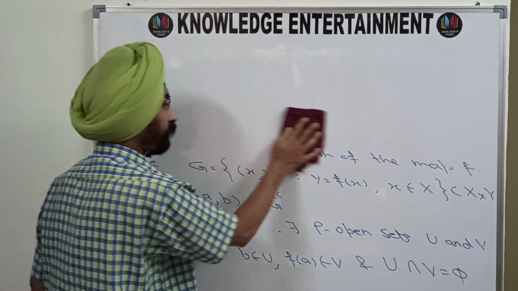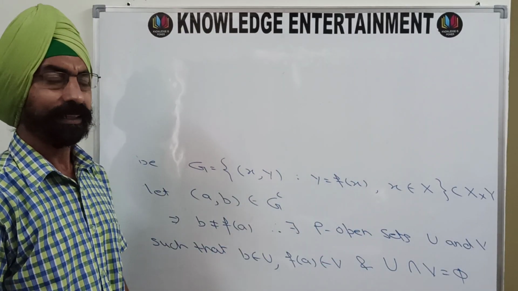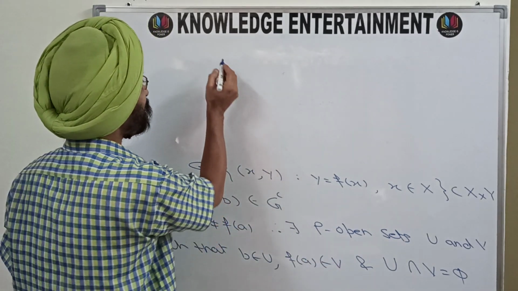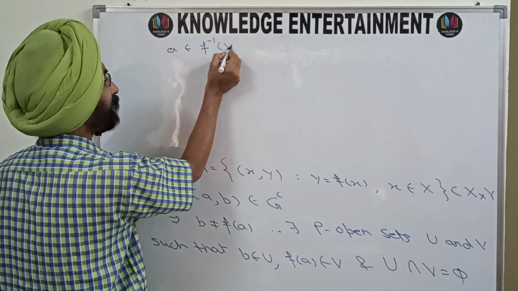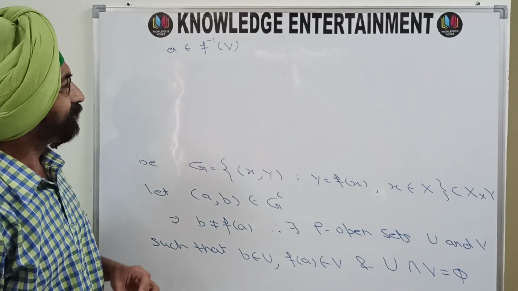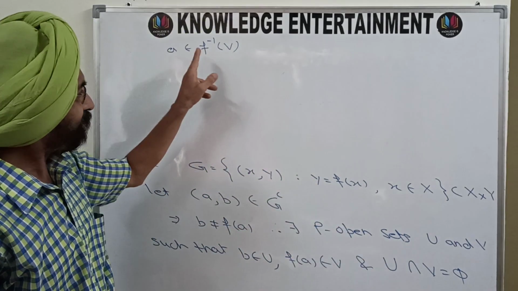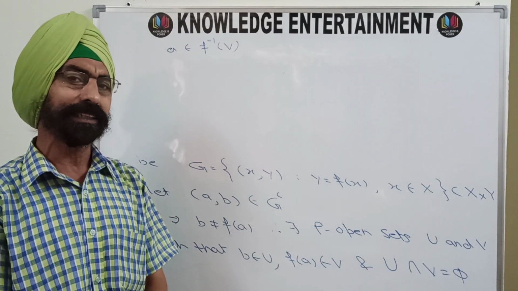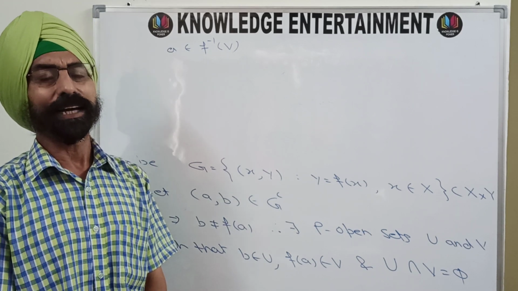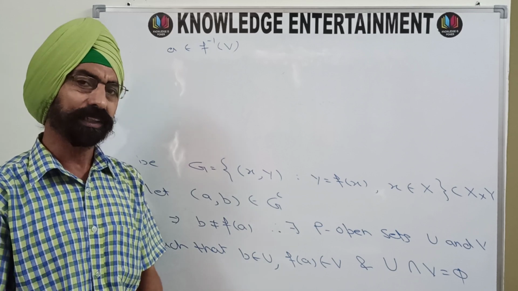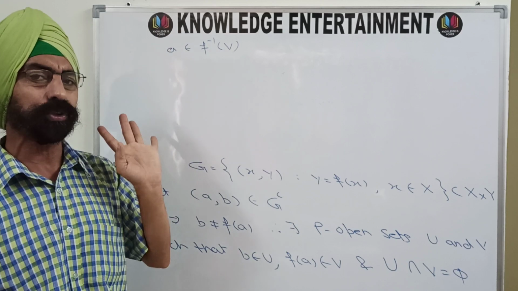Look, f(a) is in V, and f(a) in V means a is in f inverse V. V is a ρ-open set, and the function f is given to be continuous, and we know that the inverse image of an open set under a continuous function is also open. So if V is open and f is continuous, then f inverse V is also an open set.